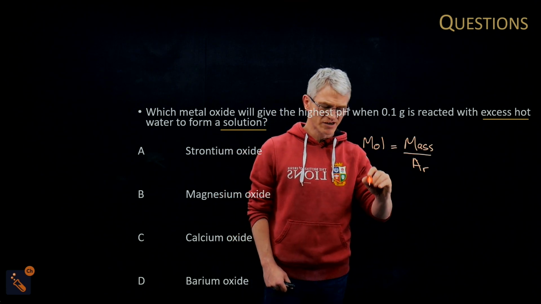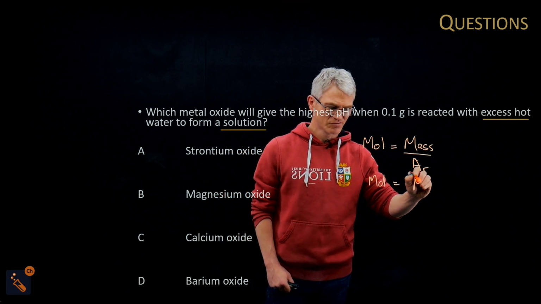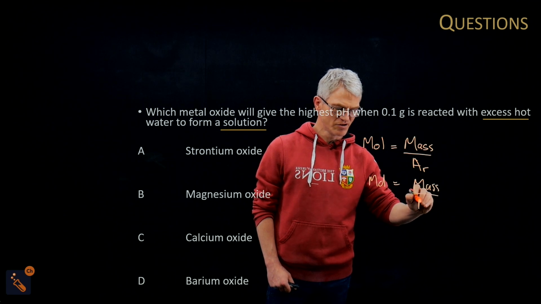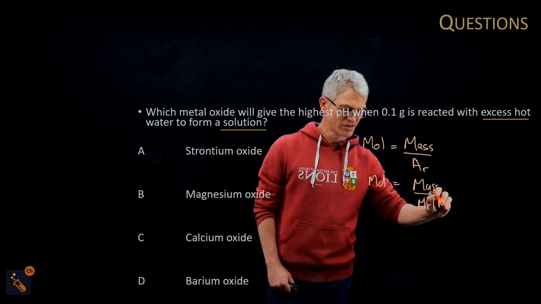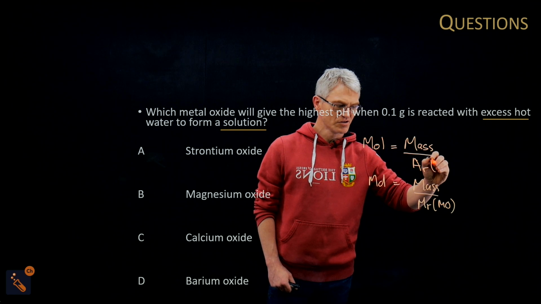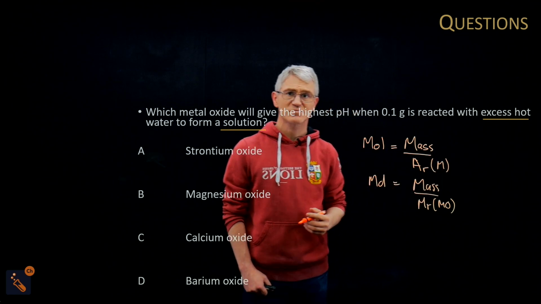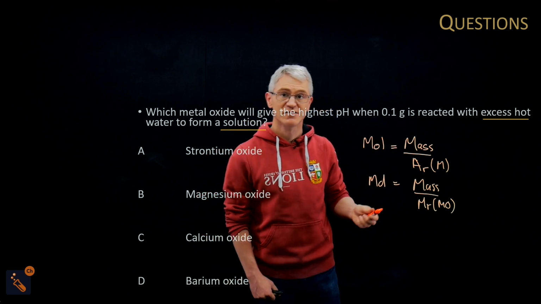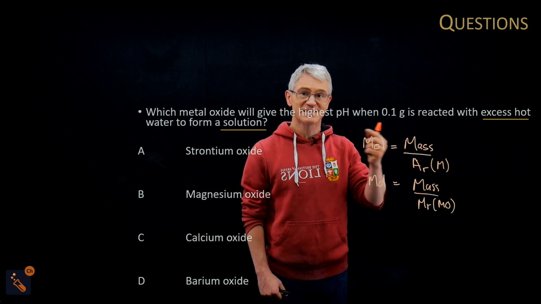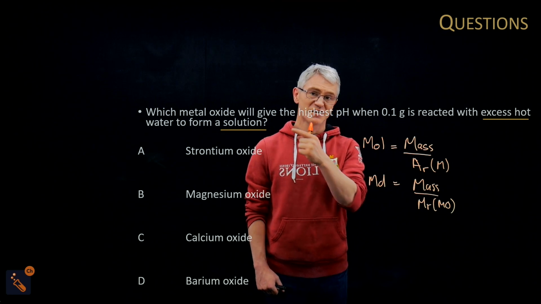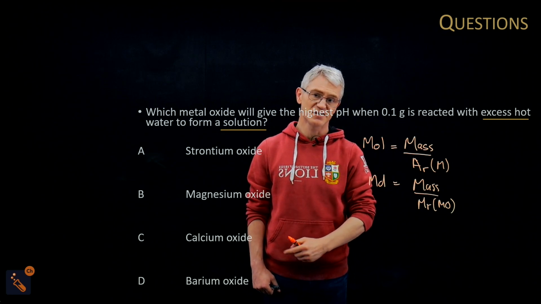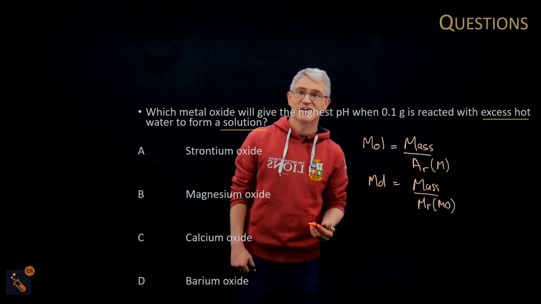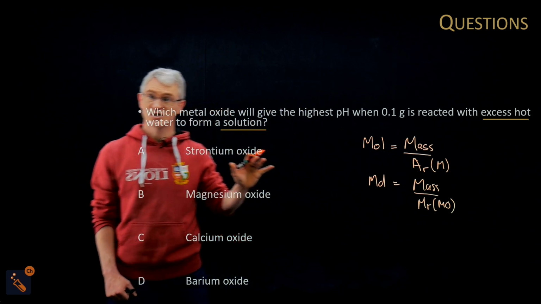Or if you want to do it more accurately, you can say moles equals mass divided by Mr. If you're doing the Mr, you're going to do it with the metal oxide. If you do it for Ar, you're going to do it for the mass of the metal. It doesn't really matter because at the end of the day, it's still going to be in order because the actual answer is affected. Now, if you do that, hopefully you've done that by now.